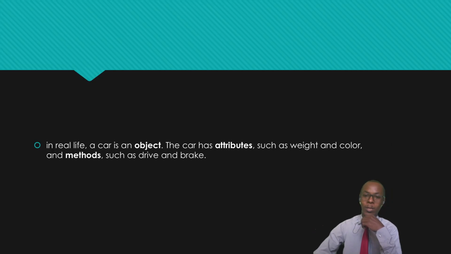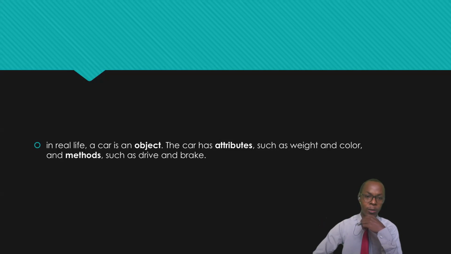For example, the attributes of a car can be the weight of the car, the color of the car. The car may be three-wheeler or four-wheeler. If it is two-wheeler, it will not be a car, sorry. So it might have the weight, the color. Let's take these as attributes or characteristics, right?